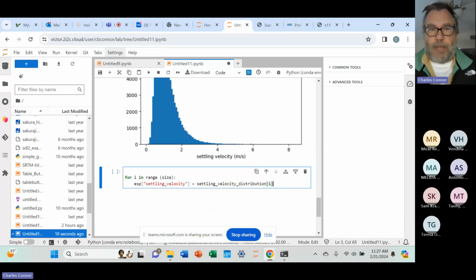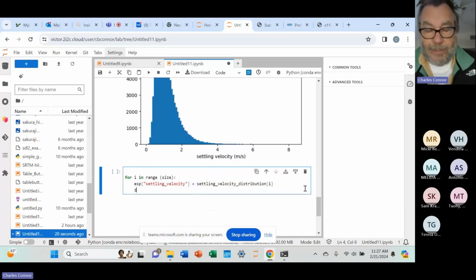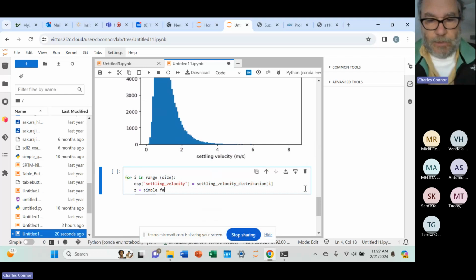The ith value of that. So that corresponds with this. And then I'm going to say now Z, which is my accumulation, is going to be equal to simple fall, and I'm going to pass it X, Y. X and Y are the same, right? And I'm going to now pass it my keyword arguments, my ESP, for eruption source parameter.